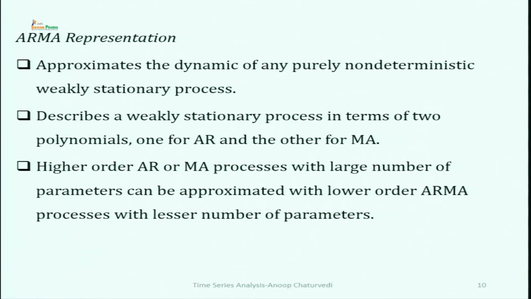So, if you have an autoregressive process of very high order, or you have a moving average process of very high order, then these processes will involve a large number of parameters. You have an autoregressive process involving a large number of parameters.